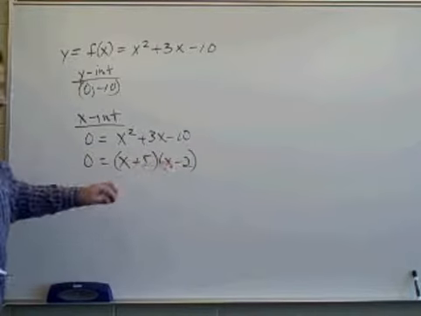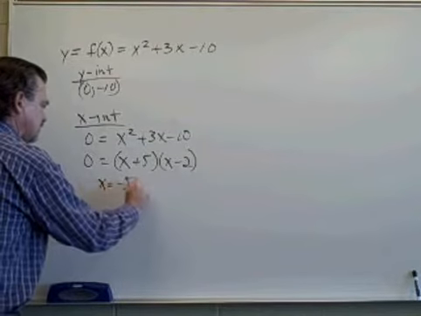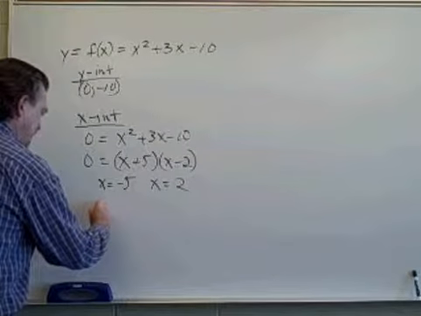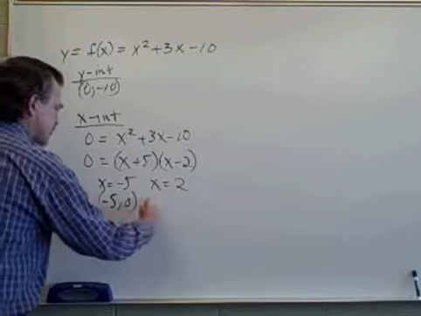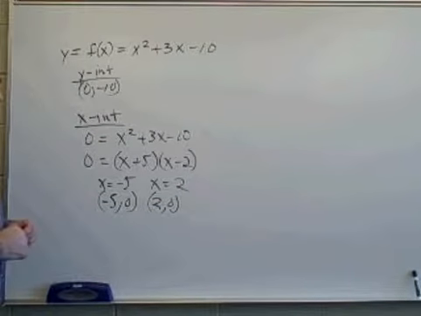And when we solve that equation, we get two solutions. x could be negative 5 or x could be 2, which gives us the intercepts (-5, 0) and (2, 0).